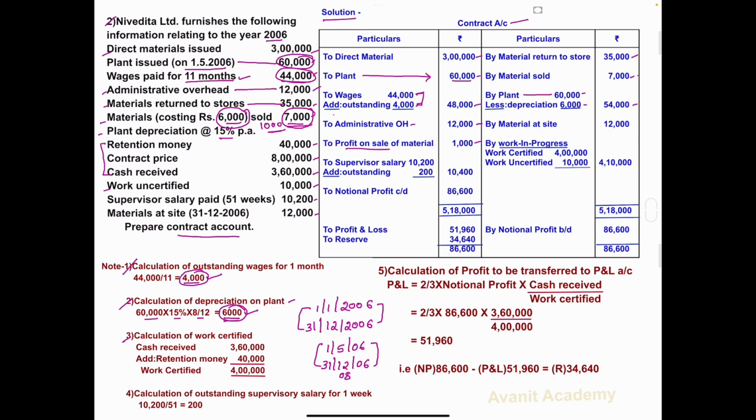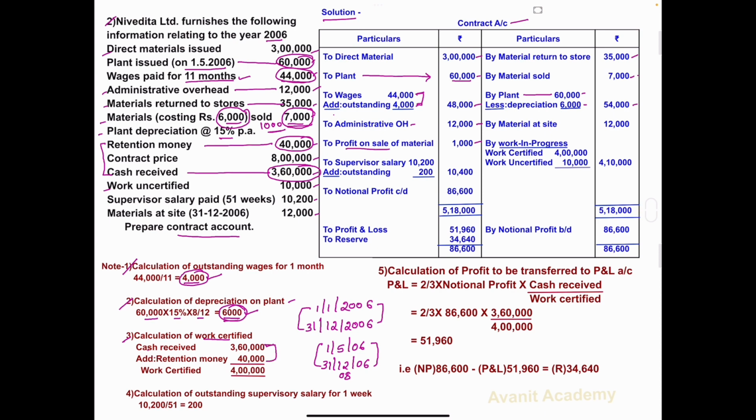So how we will get this work certified amount? In this problem, cash received amount they have given, that is 3,60,000. To this amount, we have to add retention money and we will get the work certified amount. See here, cash received 3,60,000. Add retention money, that is 40,000.